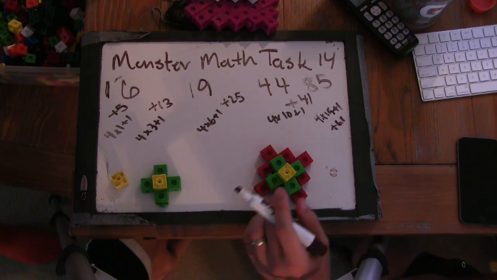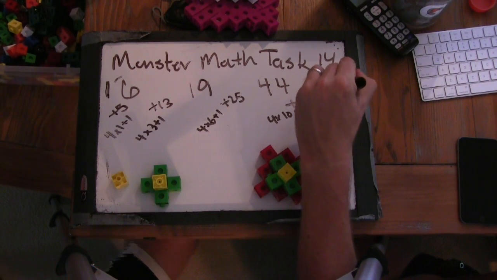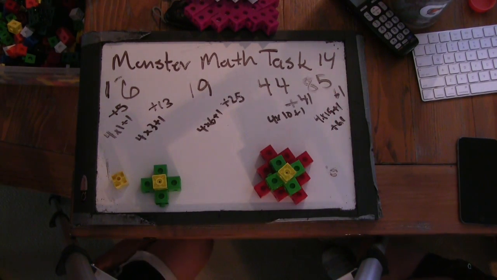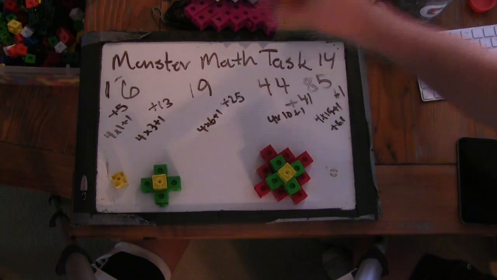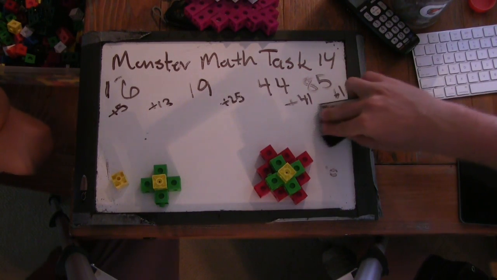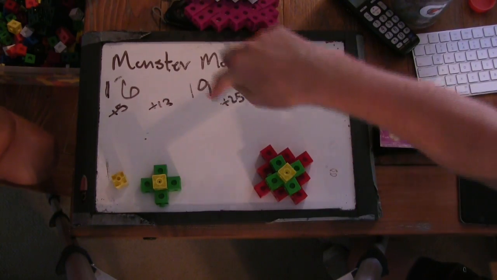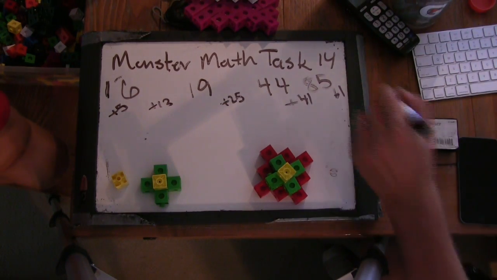Do you see any other pattern going on with 5, 13, 25, 41, and then 61? Still kind of a triangular number pattern. So we're going plus 5, plus 13, plus 25, plus 41, plus 61.